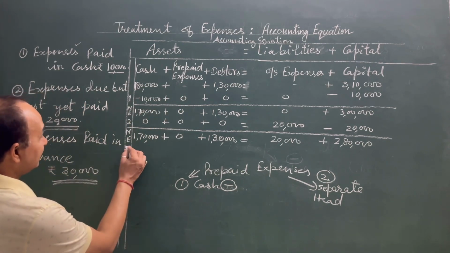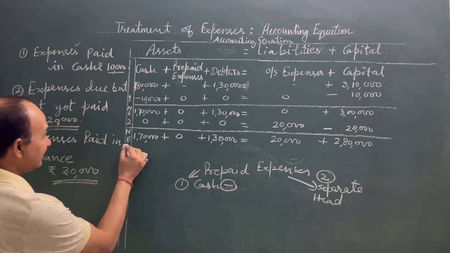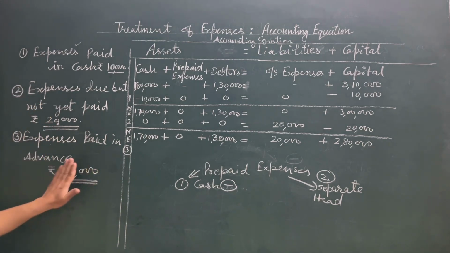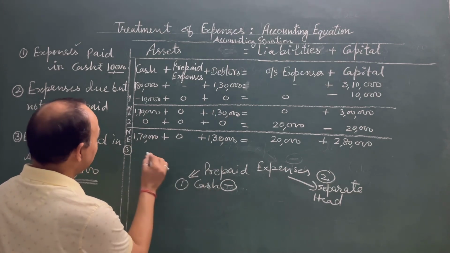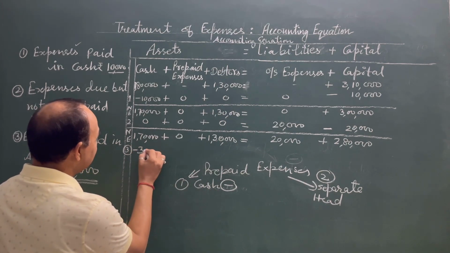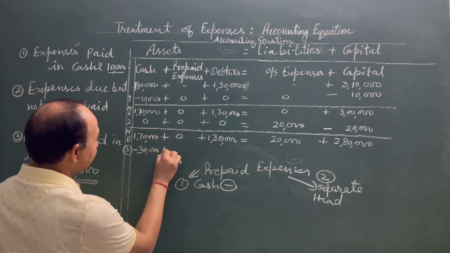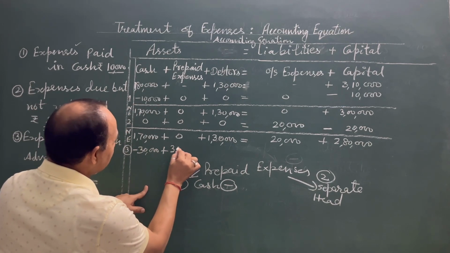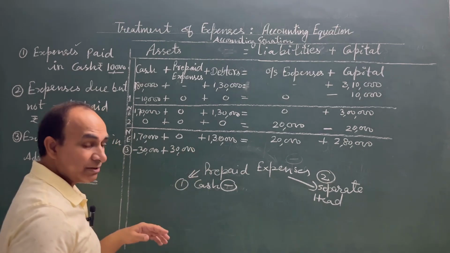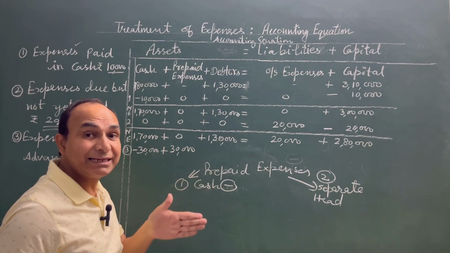So now let's show its effect. Expenses paid in advance 30,000: deduction from cash, minus 30,000 will be deducted from cash. Prepaid expenses, it will be shown under prepaid expenses because it will be treated as our asset.